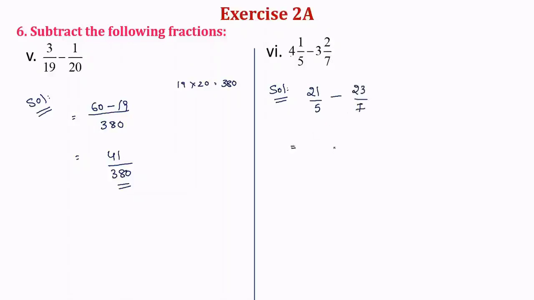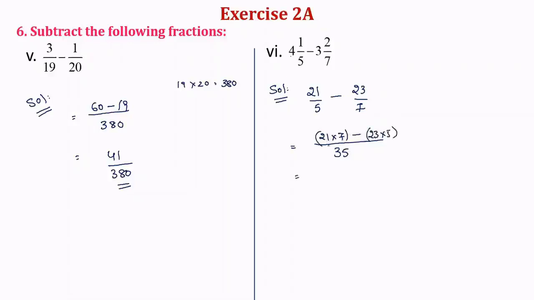5 7s are 35. So how many times of 5 is 35 here? 7 times. So 7 into 21 you have to take here. I am writing directly here. 7 into 21 minus, how many times of 7 is 35 here? 7 5s are 35. So you have to multiply that 5 with the numerator 23.